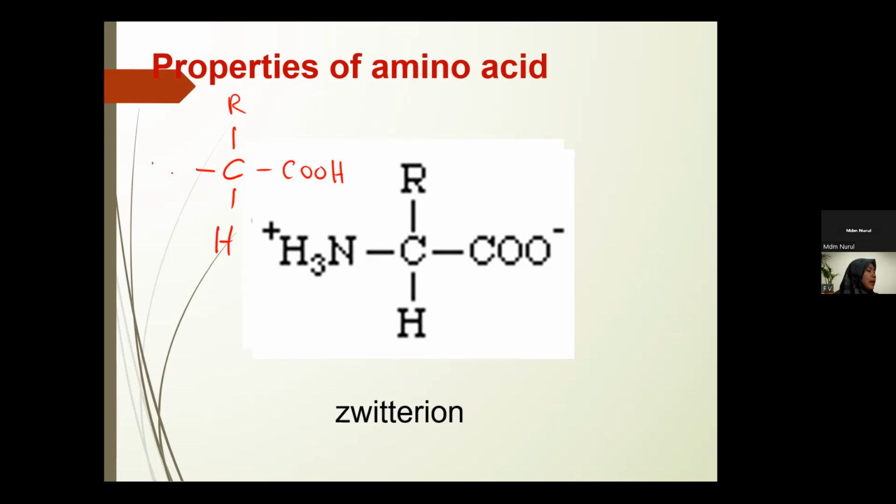Kat sini, NH2. Alright. So, to make it simple for you to understand, in water, what happen is, you can assume like H ni pindah kat sebelah sini. So, dia jadi NH3+.